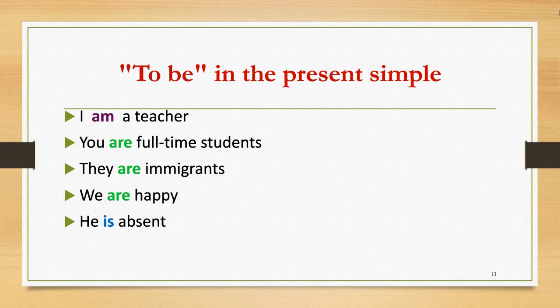He is absent. She is cute. It is expired. So the verb to be in the present simple: I am. With you, they, and we, it takes are: you are, they are, we are. With he, she, or it, we say is. He is. She is. It is.